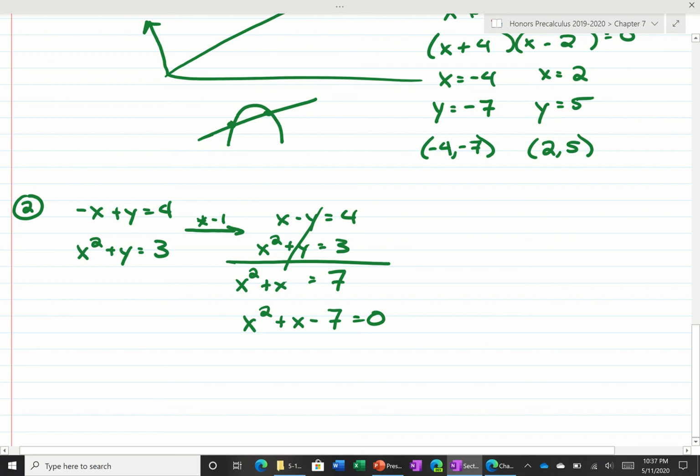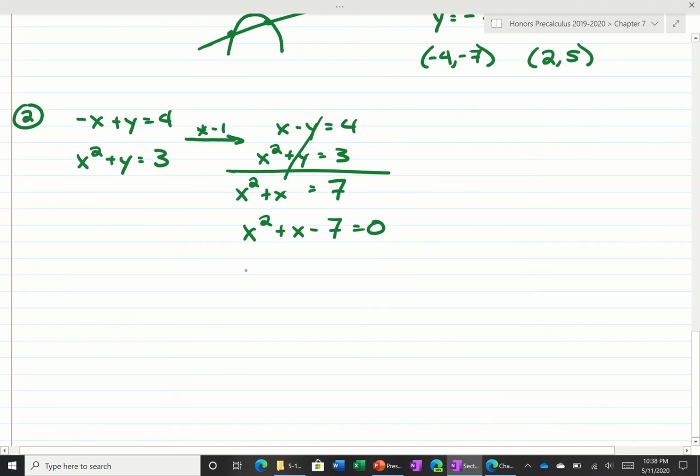And let's see, factors of 7. I don't think that's actually going to work factoring, so let's try the quadratic formula to solve. We'll use the opposite of b, plus or minus the square root of b squared minus 4ac, all over 2a.